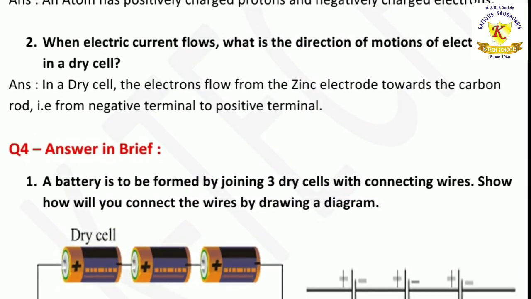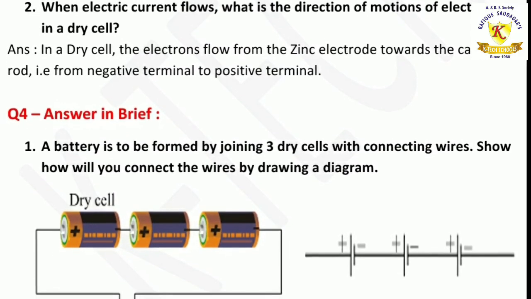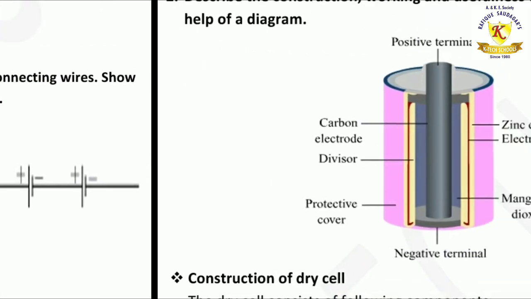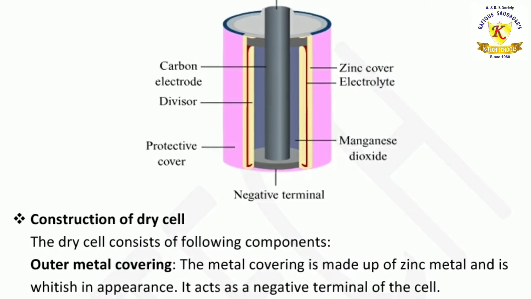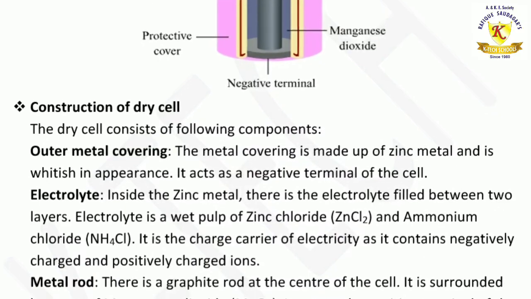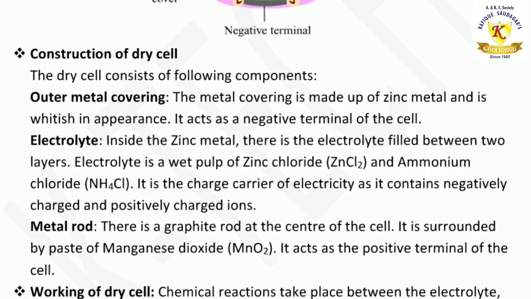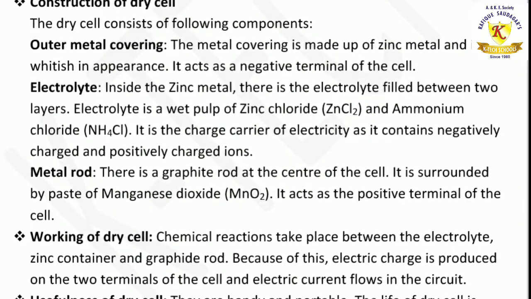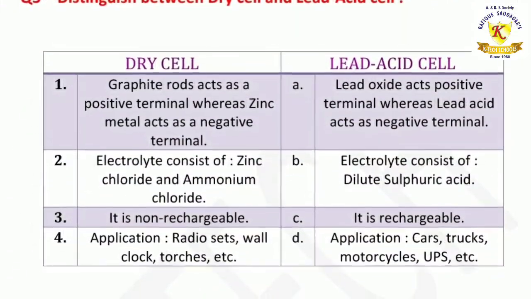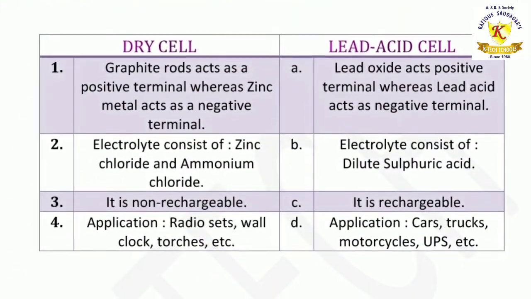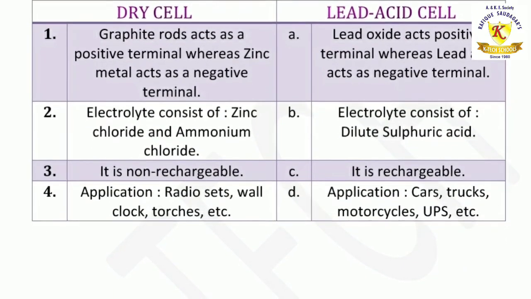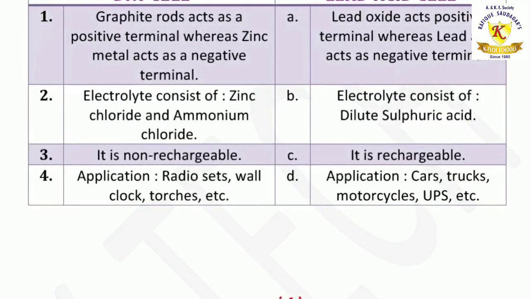Answer in brief. Please draw this diagram also, children. The answer in brief, you need to write the construction of a dry cell, working of a dry cell and usefulness of a dry cell. And the last question, distinguish between dry cell and lead acid cell. Please maintain the notes properly, children.